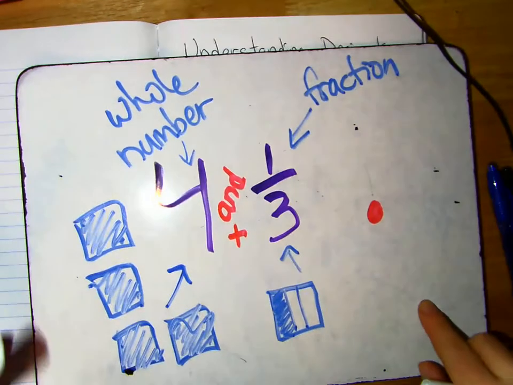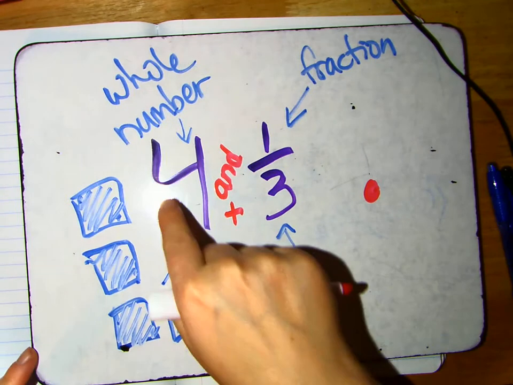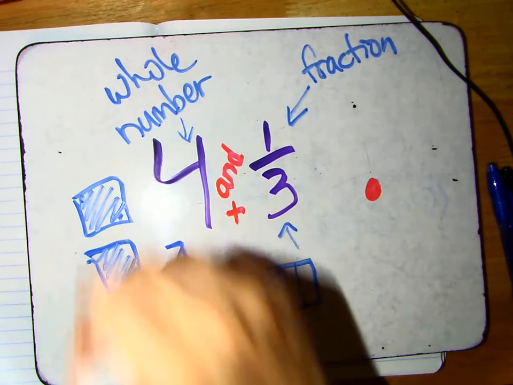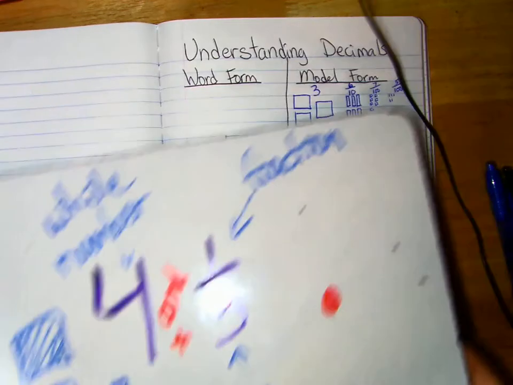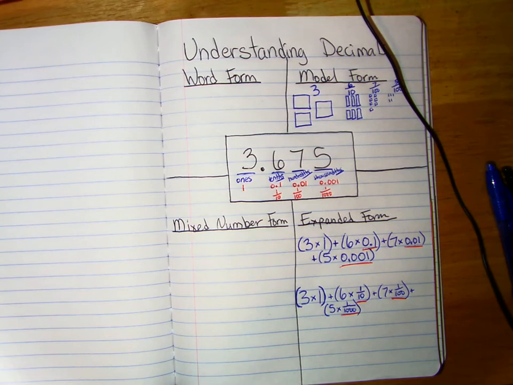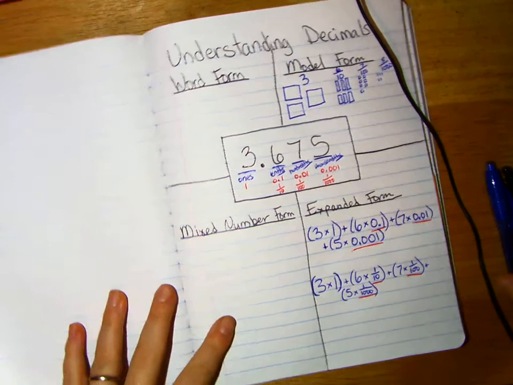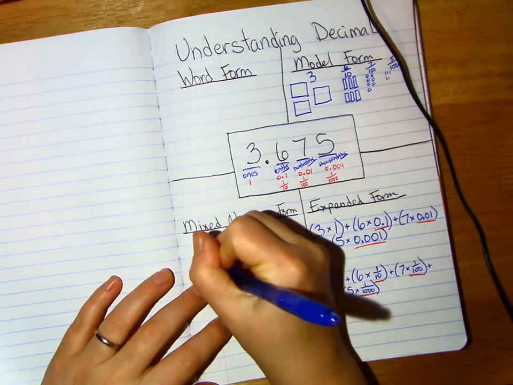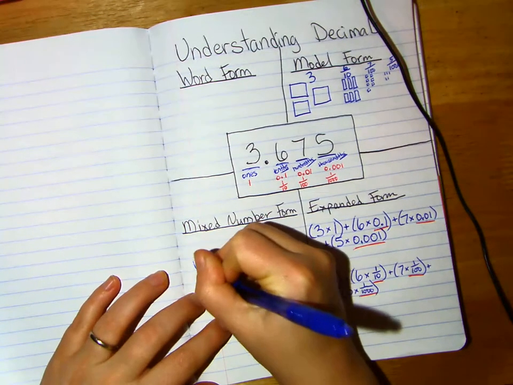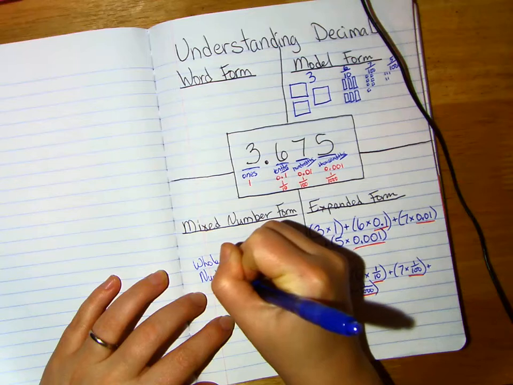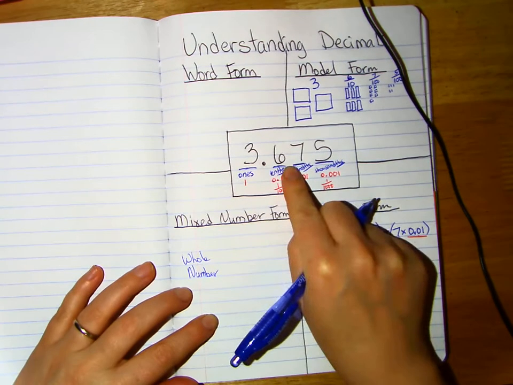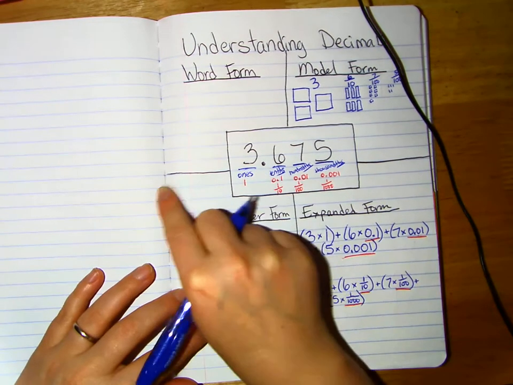So we're going to use what we know about fractions and whole numbers to write our decimal like a mixed number. All right, so let's start by looking at our whole number. If I'm going to write it as a mixed number, I'm going to think first about my whole number. Looking at my decimal up here, remember my whole number is everything before the decimal.